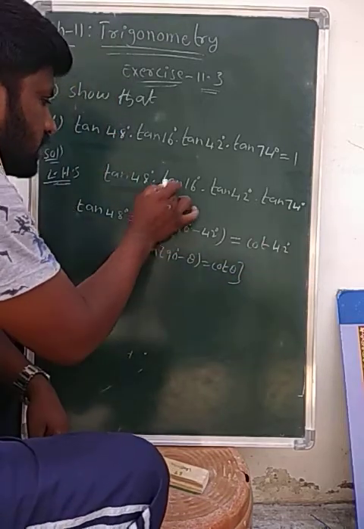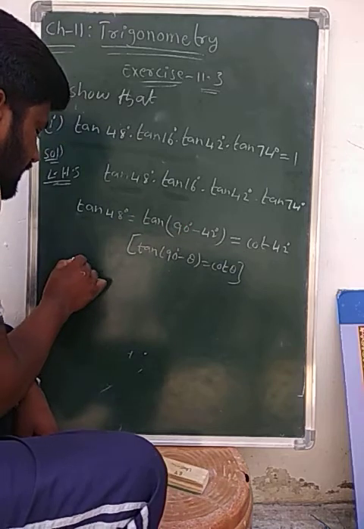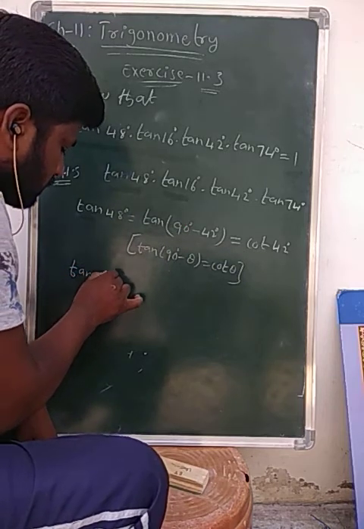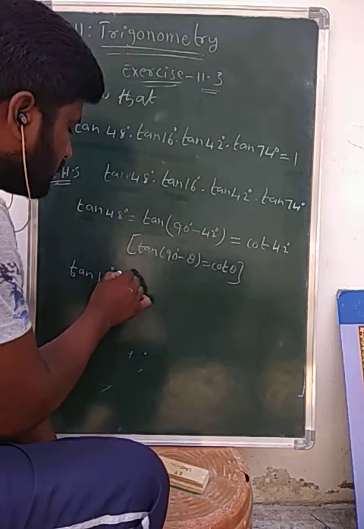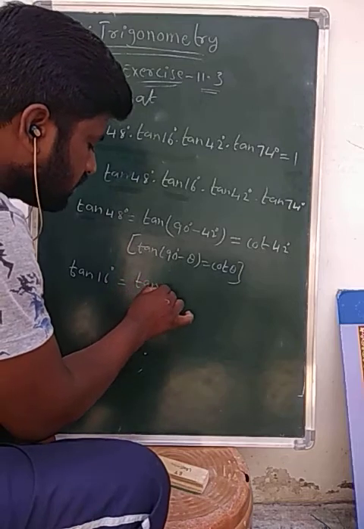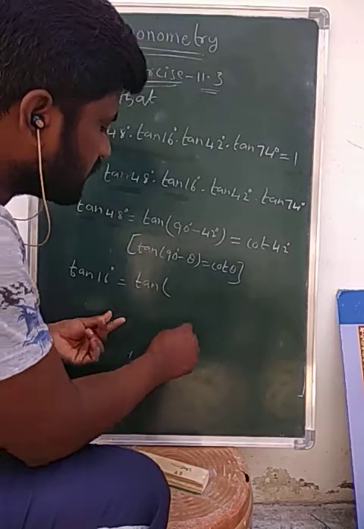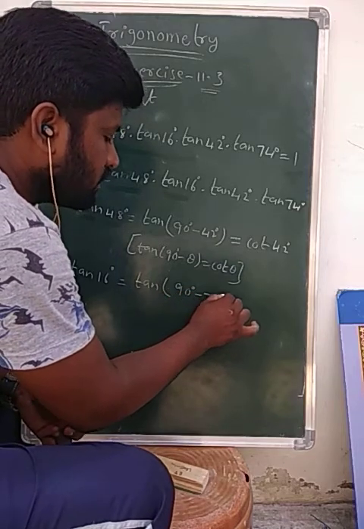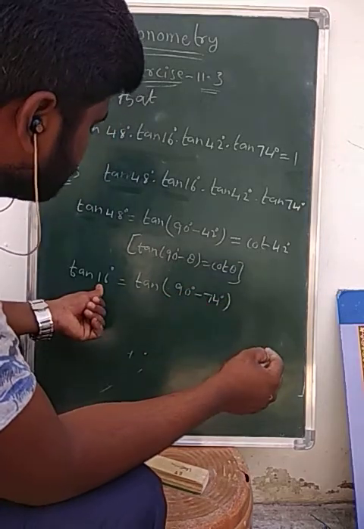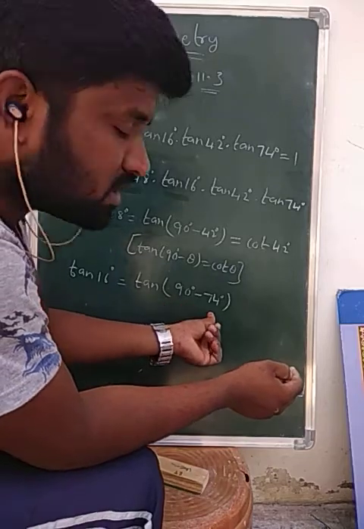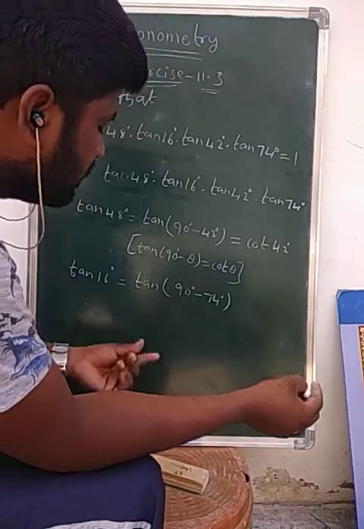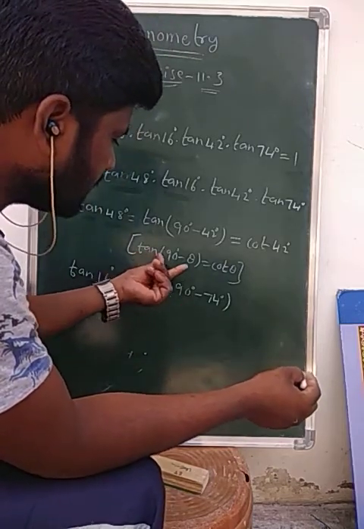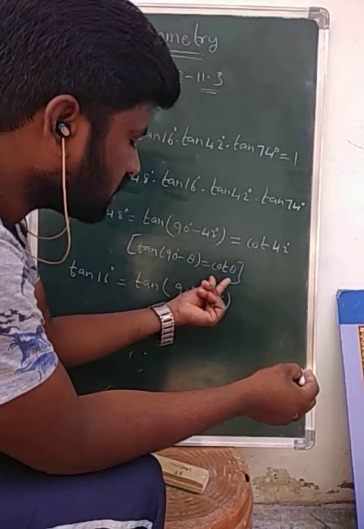In the same manner, this time I am taking tan 16 degrees. Tan of 16 degrees means we can write it as 90 minus 74 degrees. Again the same formula, tan 90 minus theta is cot theta.